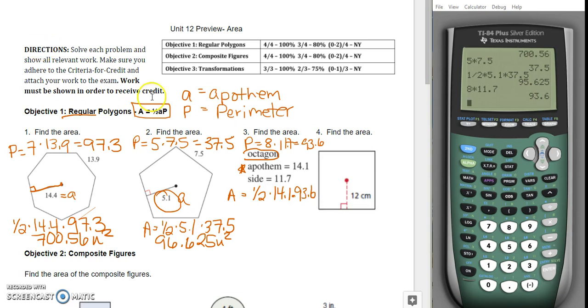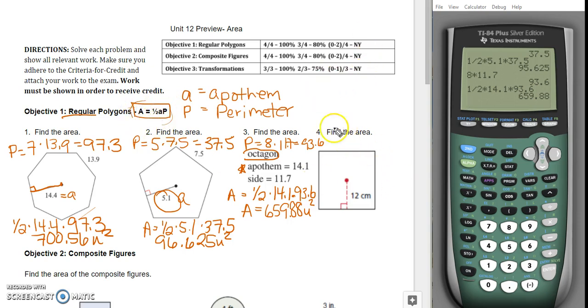And coming back to my calculator, I get 1/2 times 14.1 times 93.6. My area is 659.88 units squared. Okay, so these 3 were pretty much a straightforward application of the formula.